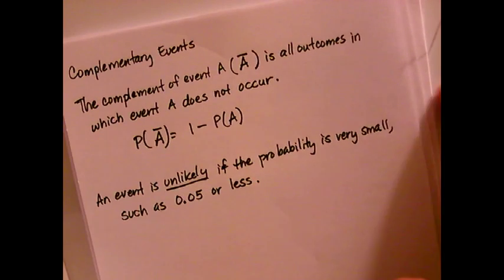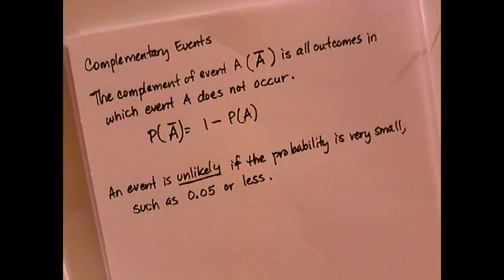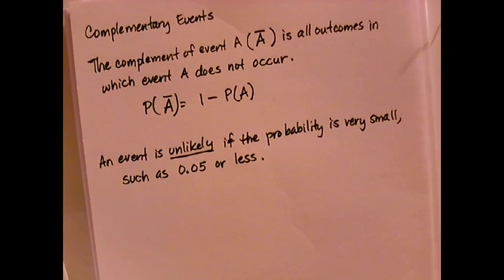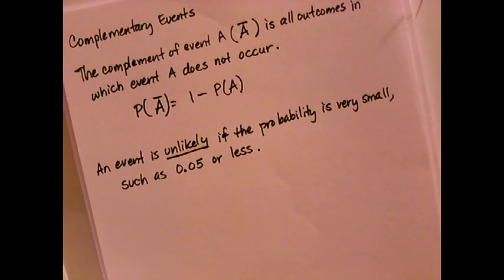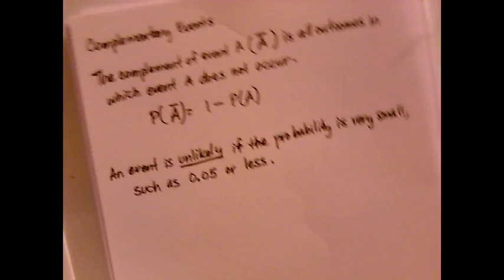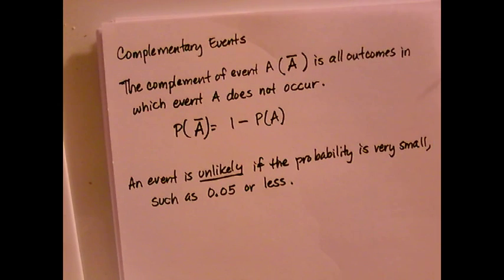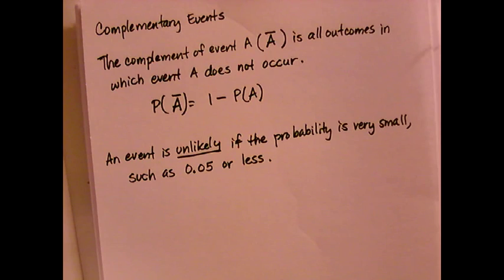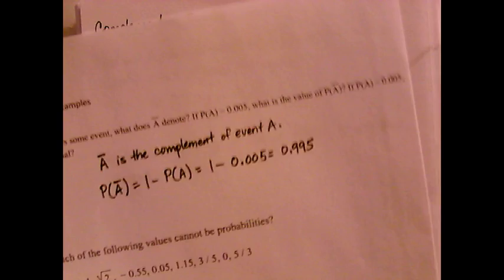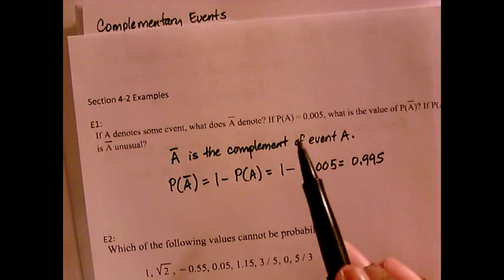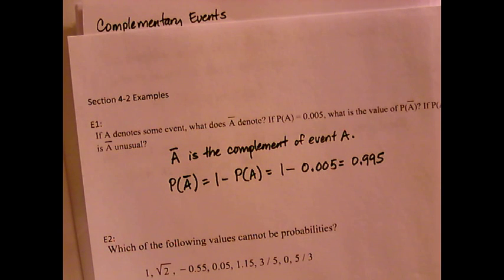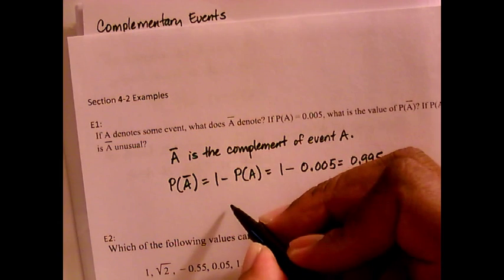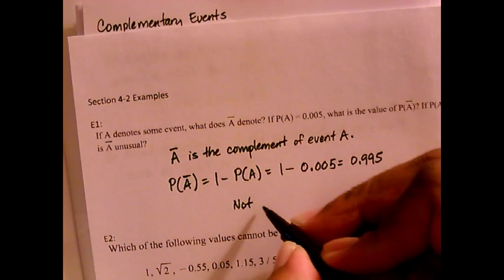We'll use that as a way of determining whether something is likely or unlikely. So back to that problem: the probability of event A would be unlikely, or unusual. But for A bar, which is 0.995, it's not unusual.